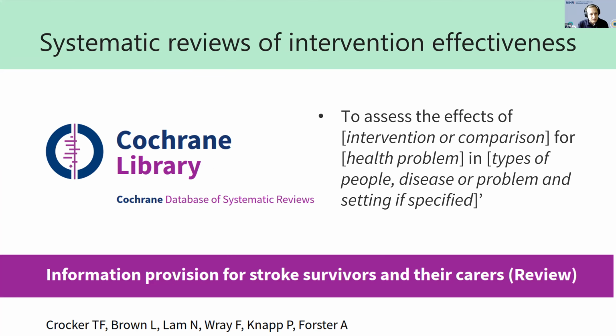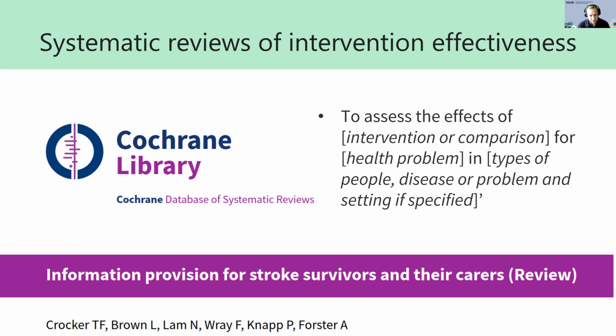And I'm talking to you specifically in relation to systematic reviews of intervention effectiveness. So these are kind of synonymous with the Cochrane reviews from the Cochrane Library, and reviews which are asking questions which have the objective to assess the effects of an intervention or a comparison for a particular health problem.